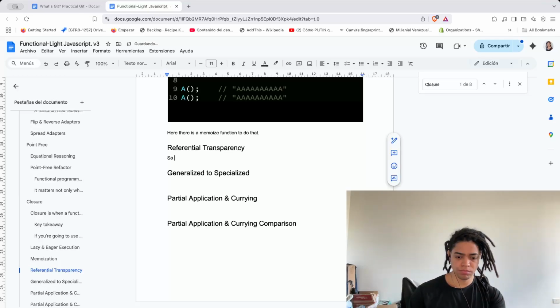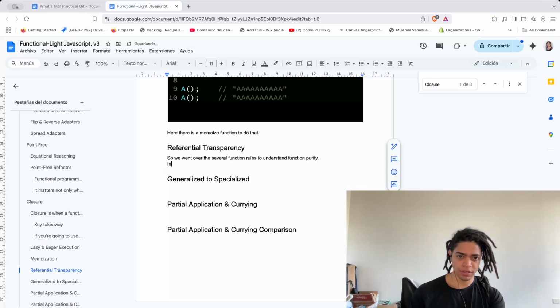So we went over the several function rules to understand function purity.